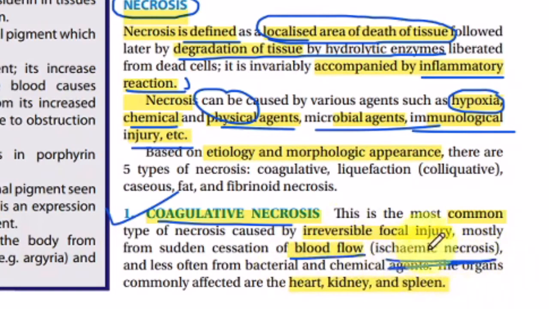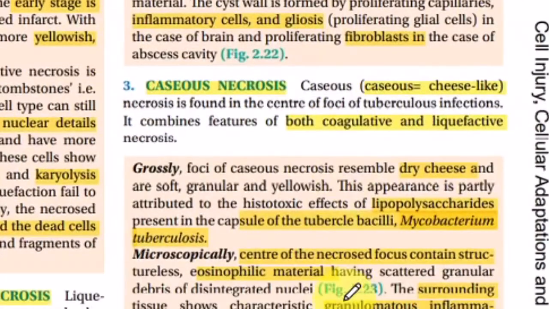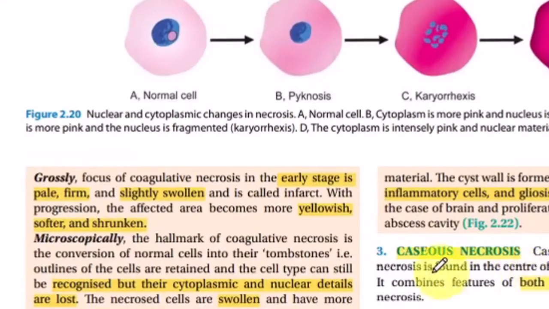Which organs mostly go into coagulative necrosis? Remember heart, kidney and spleen. That means solid organs mostly go into coagulative necrosis. If a particular part of the kidney is not getting enough blood supply, then grossly, with the naked eye, in the early stage, reduction of blood supply makes the kidney pale as well as firm, just like we touch our nose.